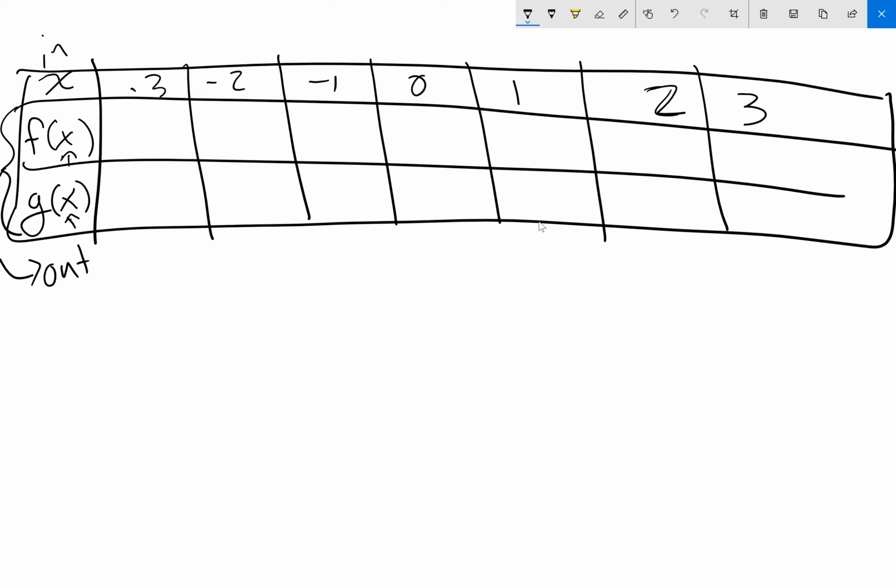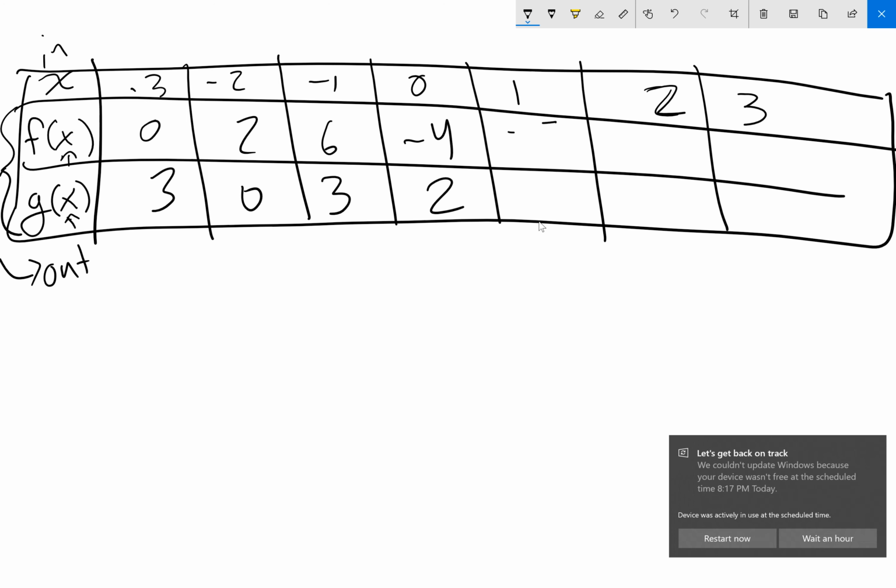So while I'm writing this down, what makes a function a function? For every input, there is only one output, right? So if we were asking if f and g of x were functions, they would be, right?